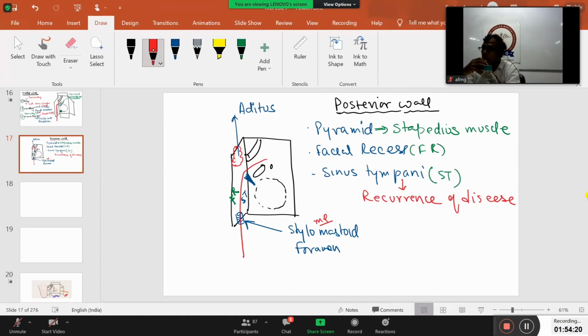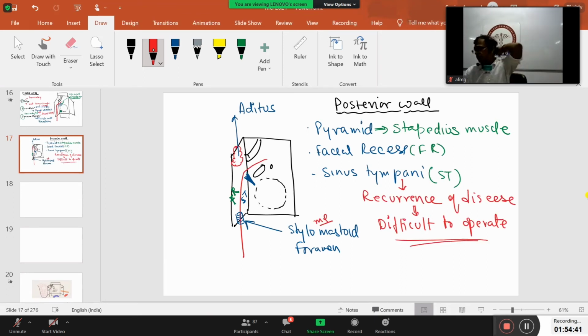Why is recurrence so common here? Because it is difficult to operate here. You can't do a surgery properly, and that's why the disease is never completely removed. It remains, and so it comes back again. So they ask which is the most difficult area to operate in the middle ear. The answer is sinus tympani.